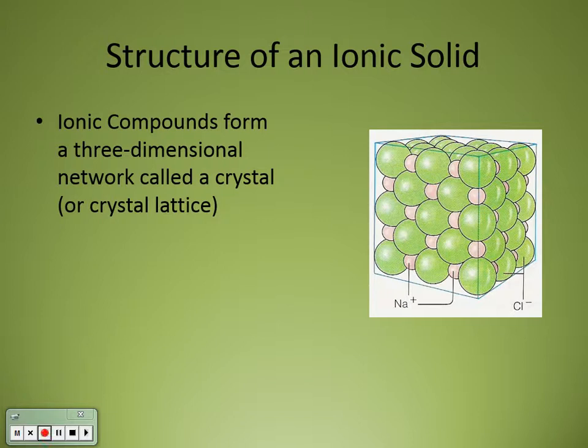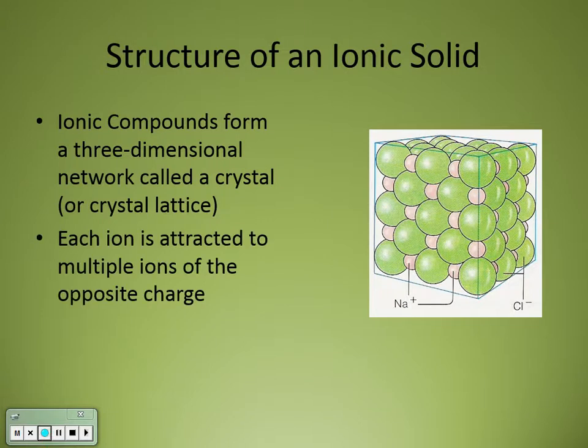It's a bunch of little cubes because they set themselves up in that nice little pattern, okay? And within that pattern, within that three-dimensional network, each ion, vocab words, each ion is attracted to multiple ions of the opposite charge.